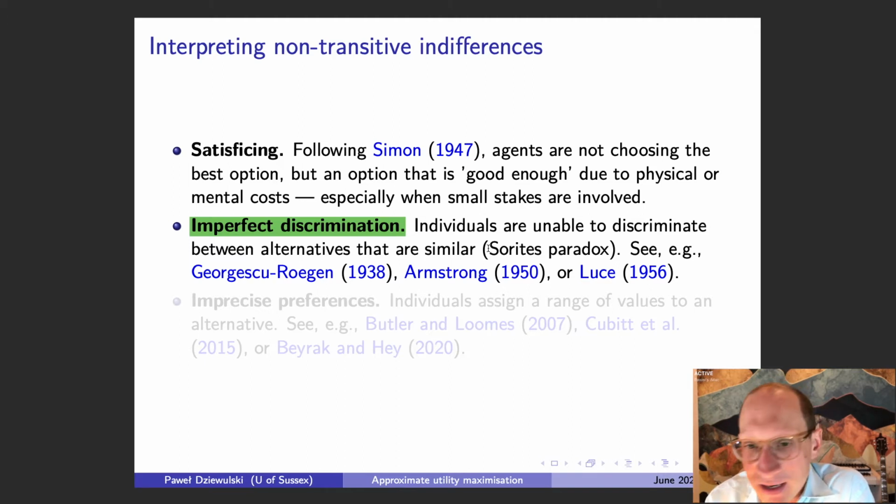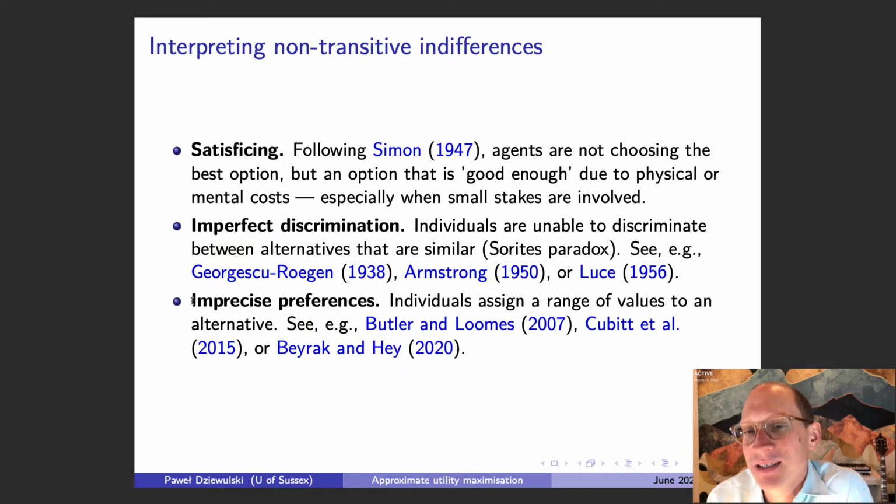So this really goes back to antiquity and the Sorites paradox, when a heap of sand stops being a heap of sand, and this type of thinking then applied to economic analysis. Finally, we have this concept of imprecise preferences, which very roughly speaking is this idea that indifferences can be a bit fuzzy, or at least much more fuzzy than strict preferences.